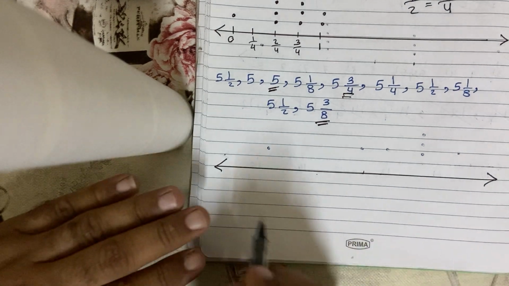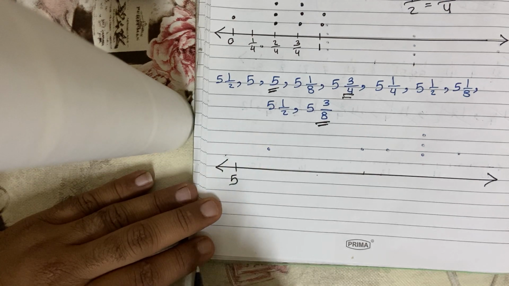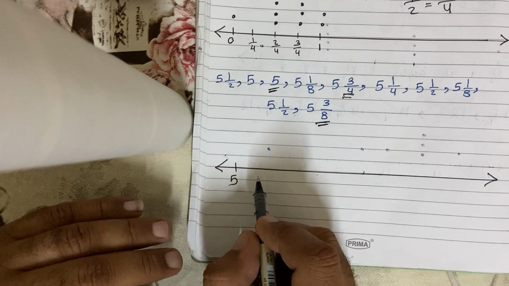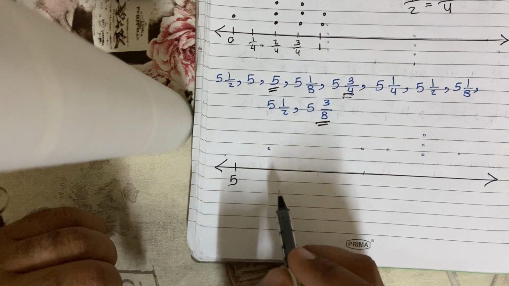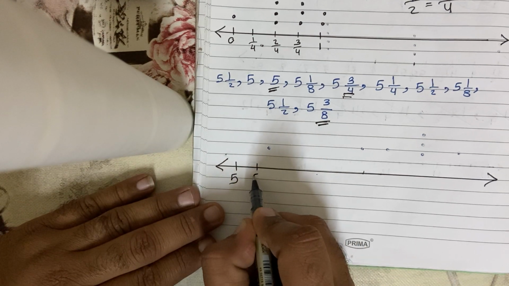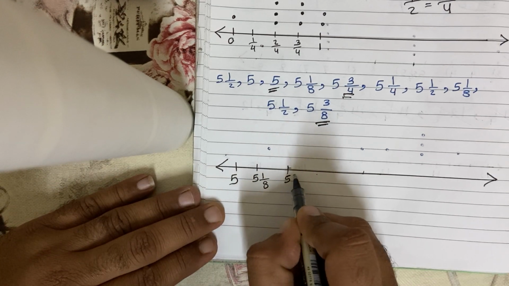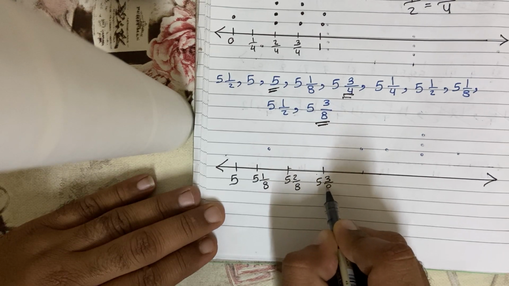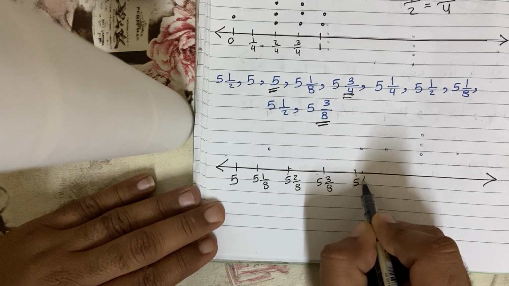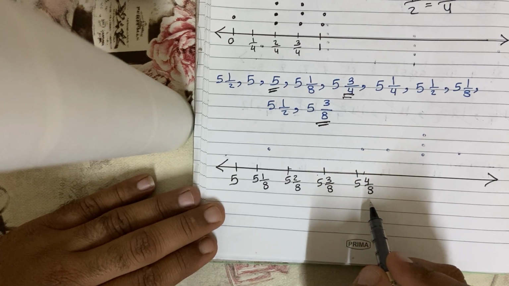Our step will be like that. Start with 5. And we are going to step by 1 over 8, 1 over 8 like that. 5 and 1 over 8, 5 and 2 over 8, 5 and 3 over 8, 5 and 4 over 8. 5 and 4 over 8 means 5 and half.